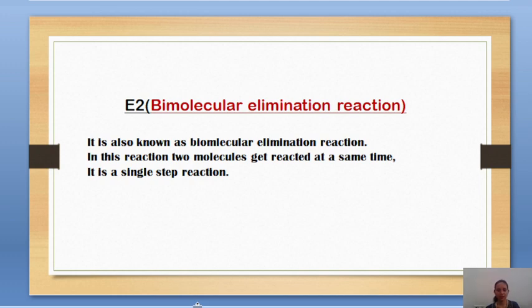In E1, the substituents leave from or attack the organic compound in two steps, but in E2 it reacts in one step. So that's why it is named bimolecular elimination reaction.